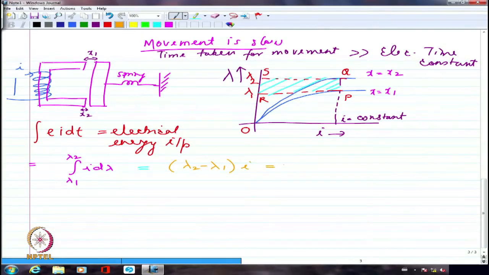Or I may say the area of the rectangle PQRS, or PQSR, whatever. That is the area representing the electrical energy input during this particular duration of the complete movement that has taken place.